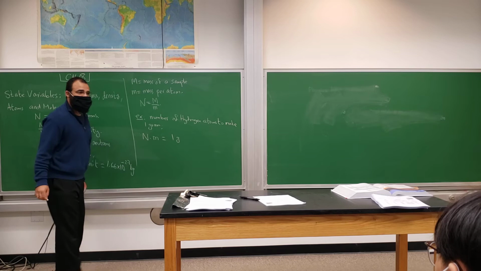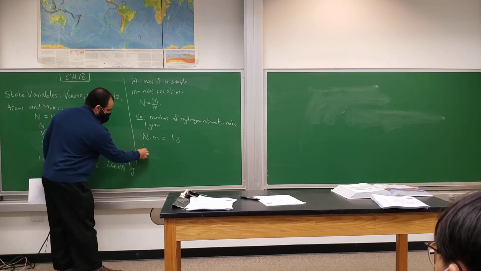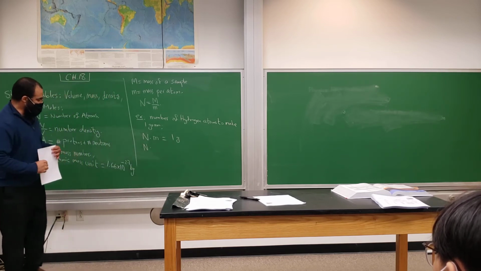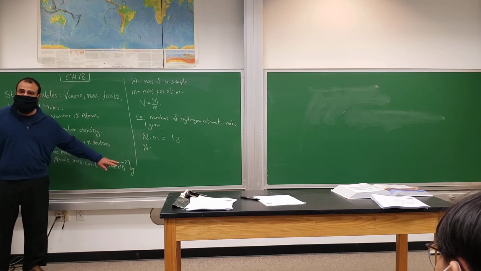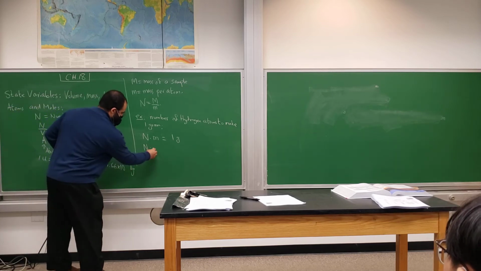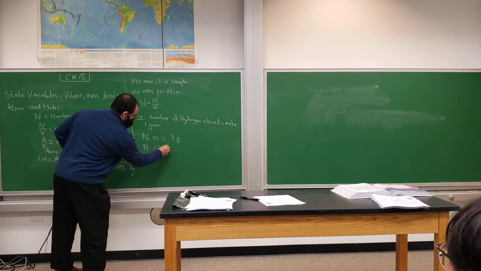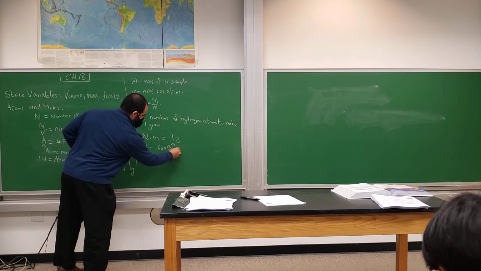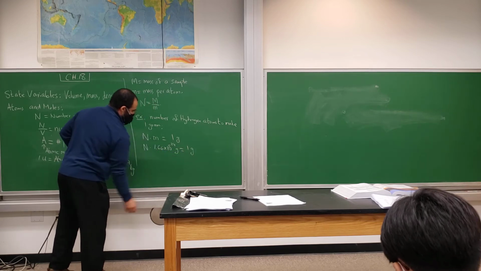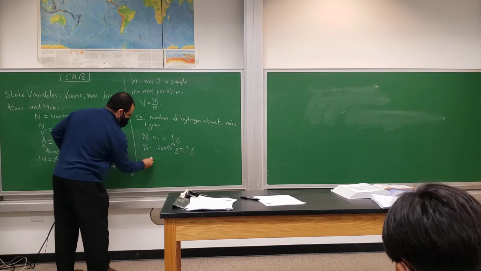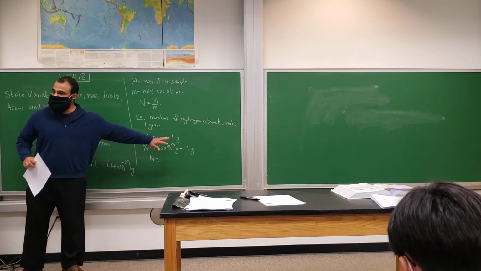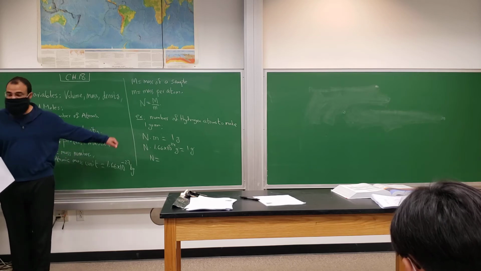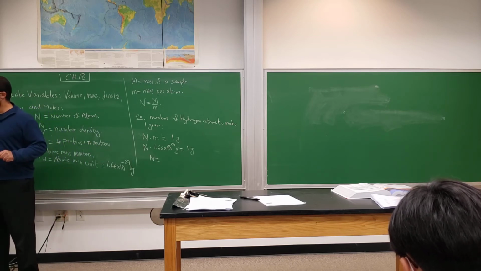The mass of 1 hydrogen atom is about 1.66 times 10 to the minus 27 kilograms, so in grams, it's 1.66 times 10 to the minus 24. So N times 1.66 times 10 to the minus 24 grams is equal to 1 gram. You can cancel the gram. So capital N will be 1 over this number. If you have a calculator, try it. What is 1 over this number?